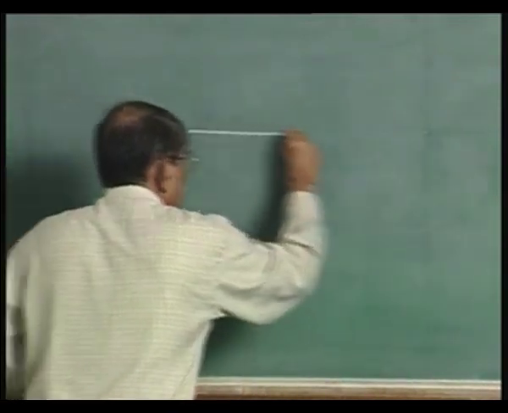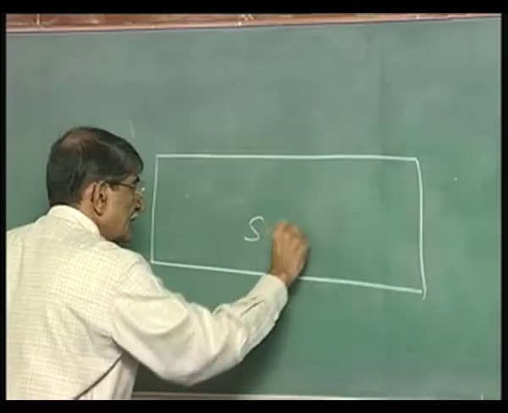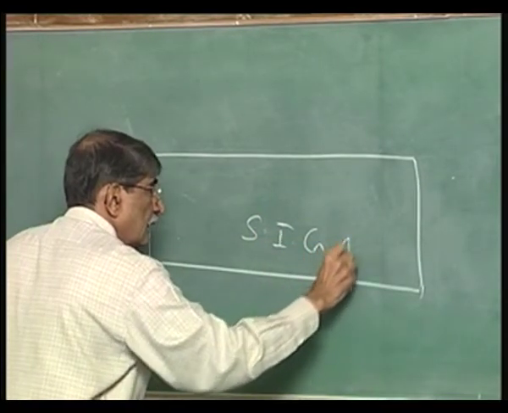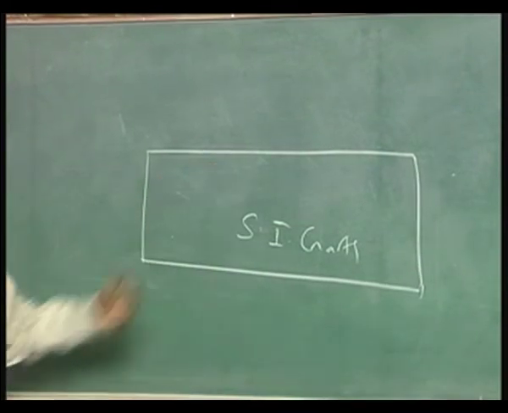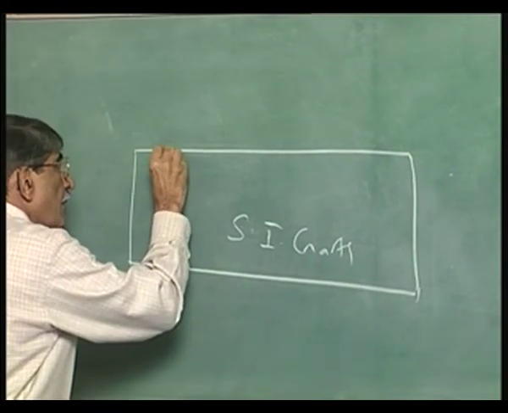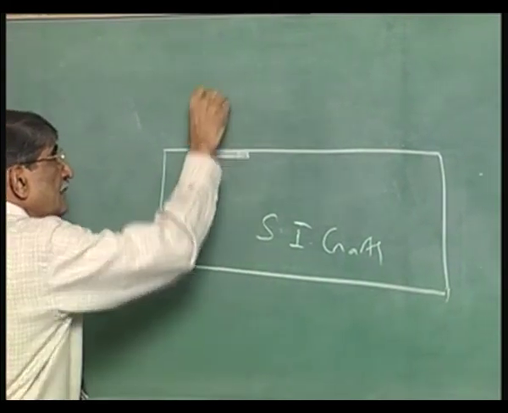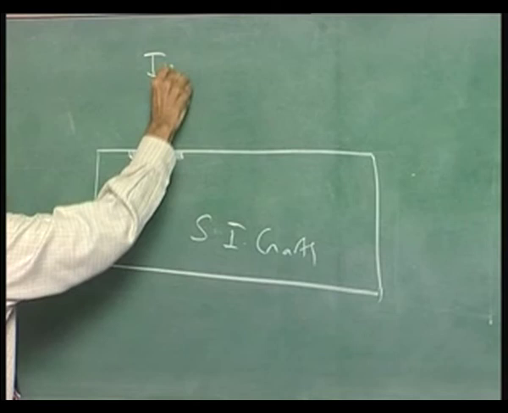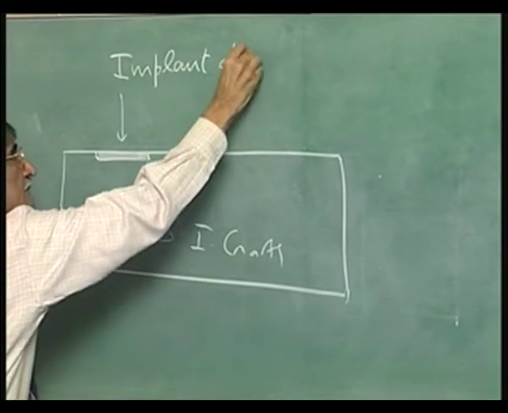Take a semi-insulating substrate like that, cross section, semi-insulating gallium arsenide. I do not need to put the implantation everywhere, the dopants. I put somewhere here. I can implant dopants.